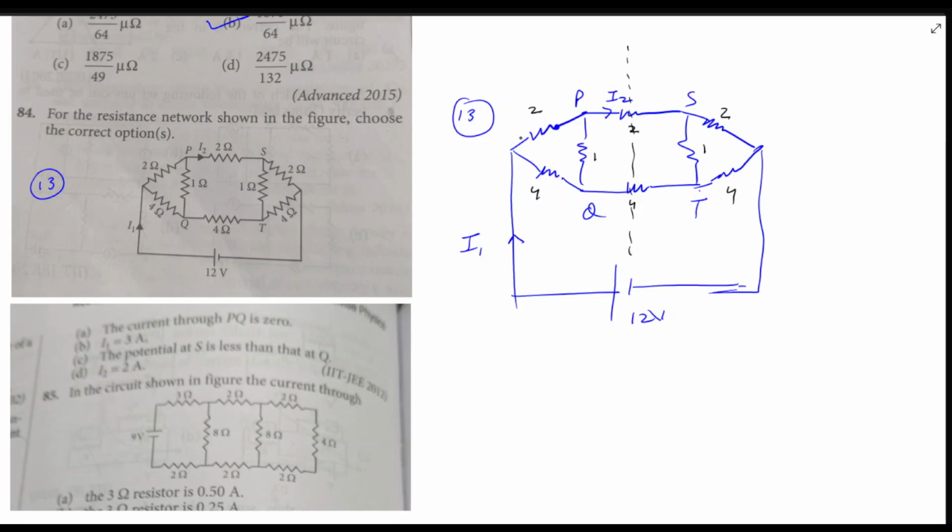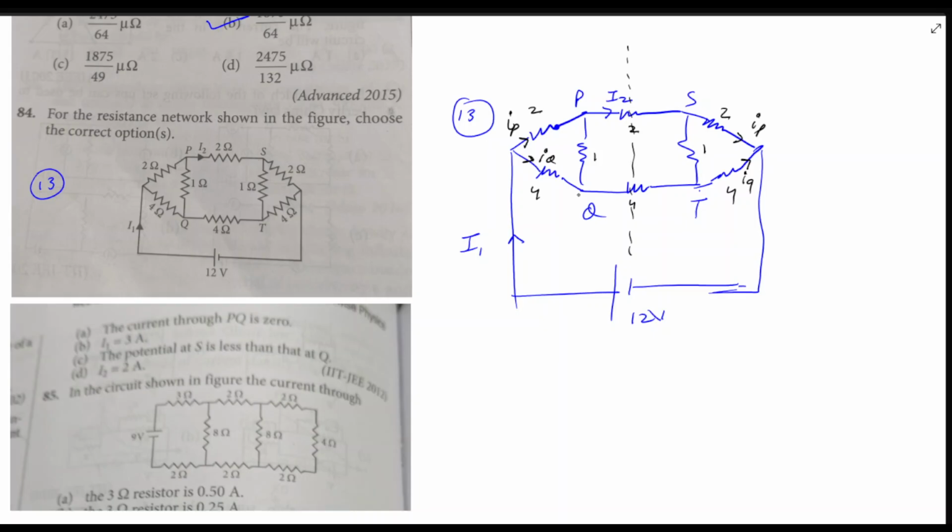So let's say the current in this wire is IP. So in this wire, the current will be IP. In this wire, let's say the current is IQ. Similarly in this wire, the current must be IQ. Now if we get the current in these wires, then the situation will be very easy.